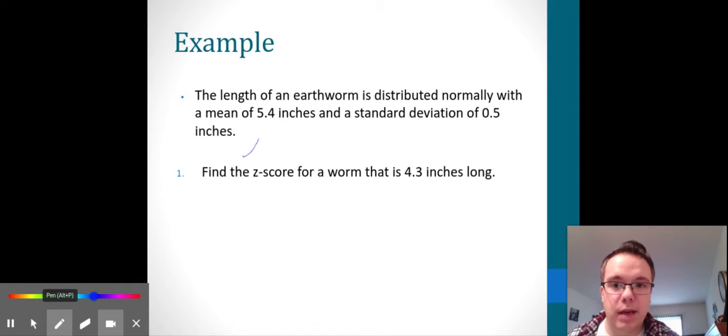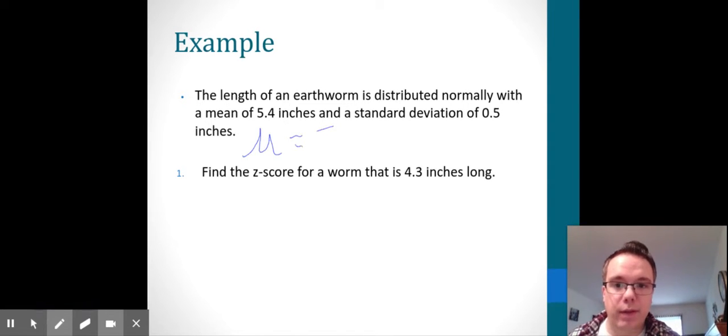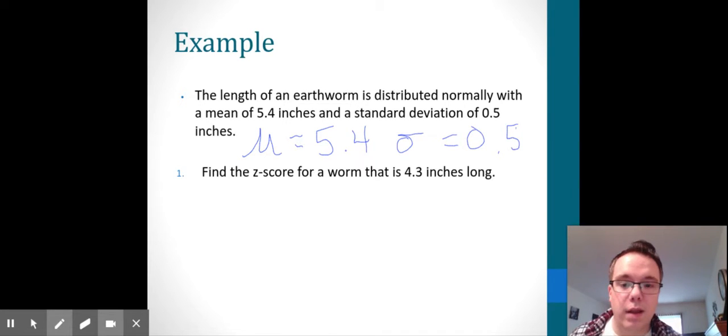So that means our mu is 5.4 and our standard deviation is 0.5. We're asked to find the z-score of a worm that is 4.3 inches long. So that means our x is 4.3.